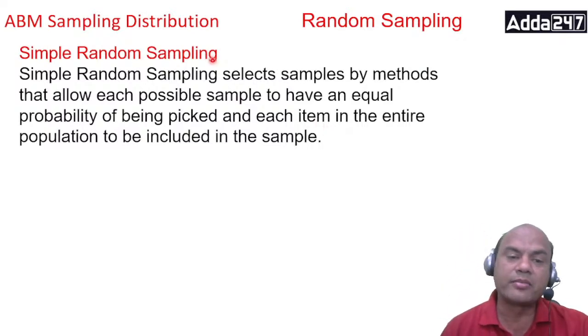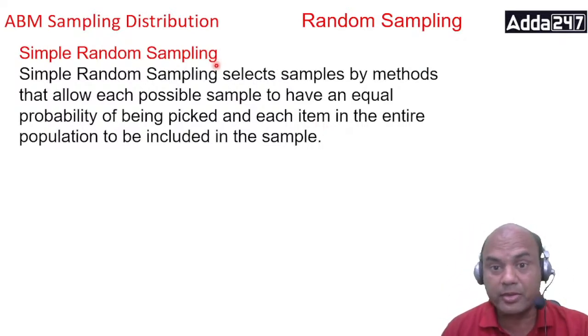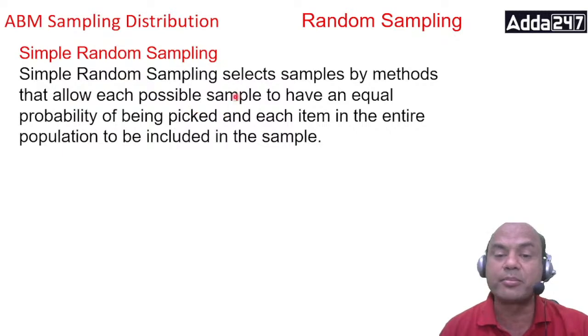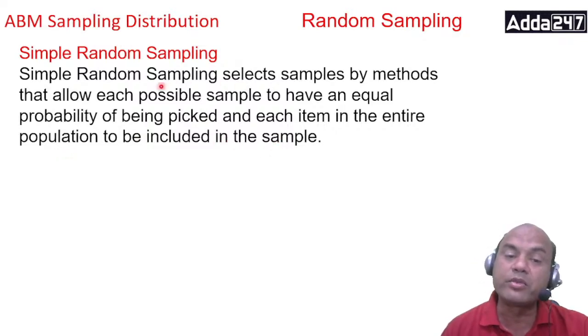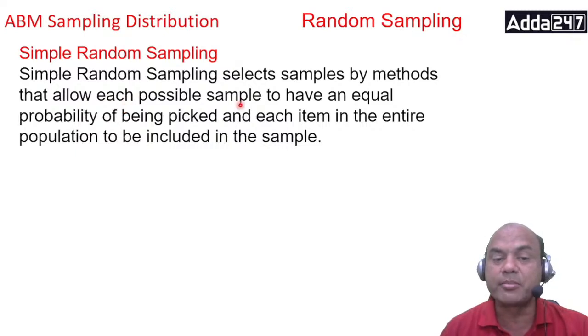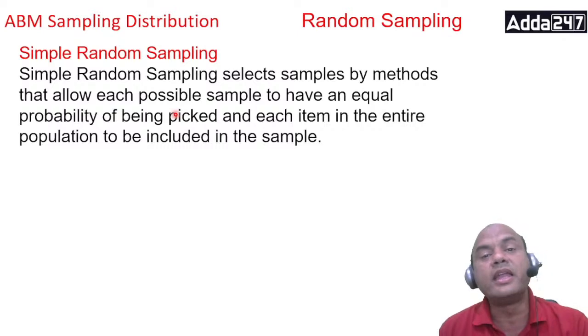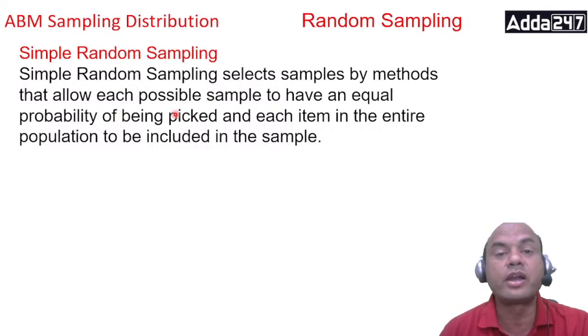Now, simple random. We'll go into detail now on probability because that's very important. Simple random sampling selects the samples by methods that allow each possible sample to have an equal probability of being picked and each item in the entire population to be included. What does that mean? Just now I told you, any 10 students from a class of 100 students.